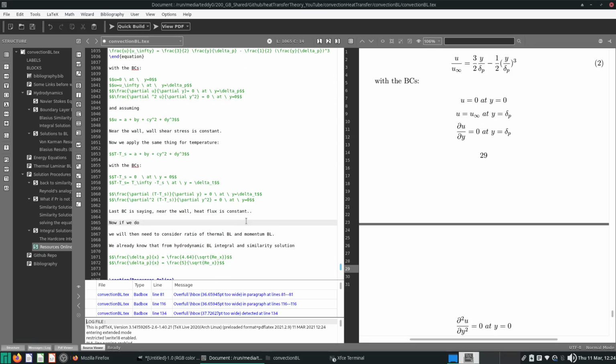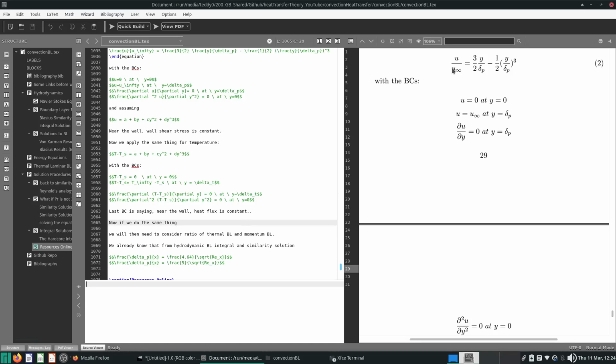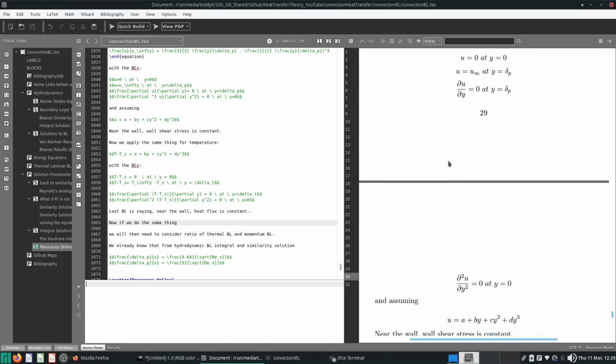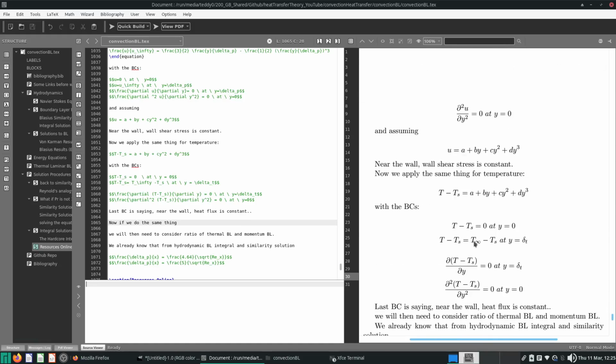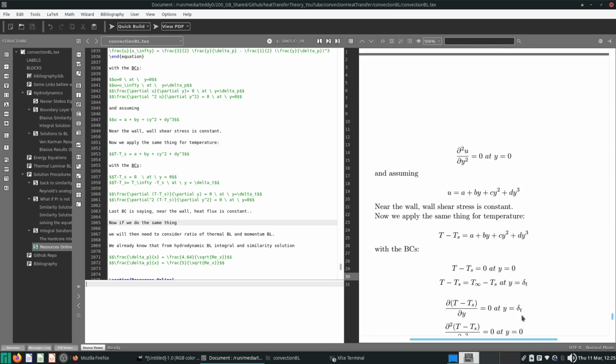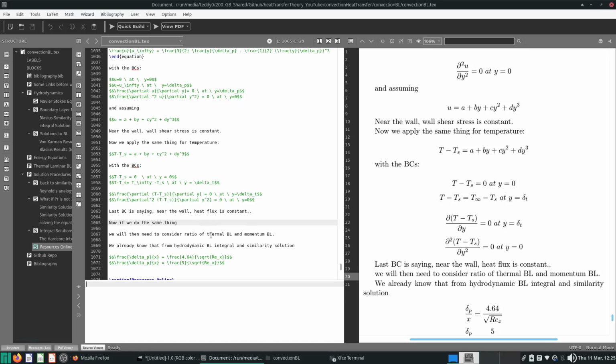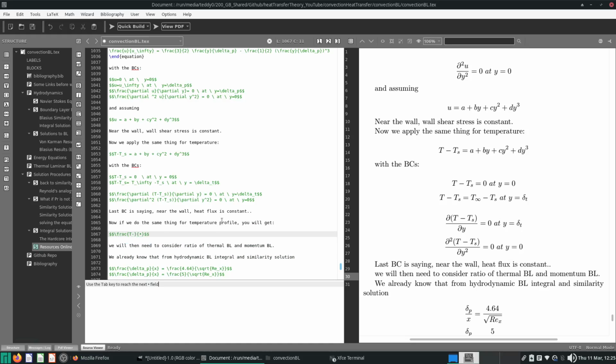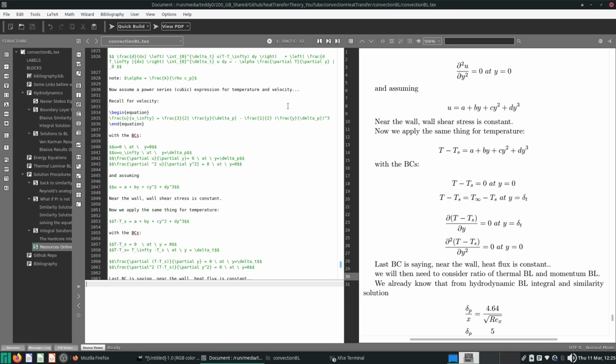Now if we do the same thing, if we replace u here by t minus ts, u infinity by t infinity minus ts, and wherever you see delta p, you just replace it with delta t, you'll get exactly the same expression. So if you do the same thing for the temperature profile, you will get the following expression: t minus ts over t infinity minus ts is equal to, I'll just copy and paste all of this here.